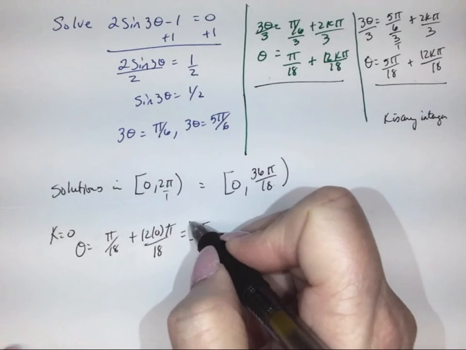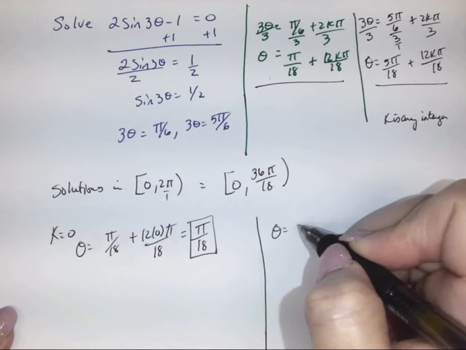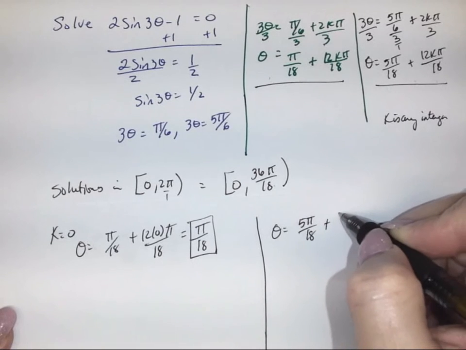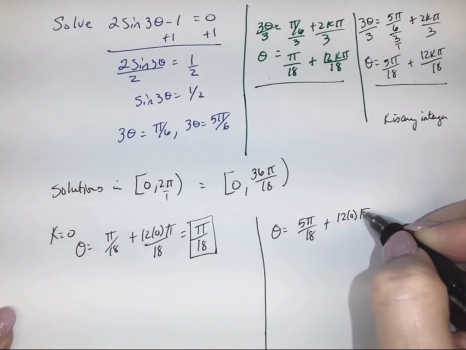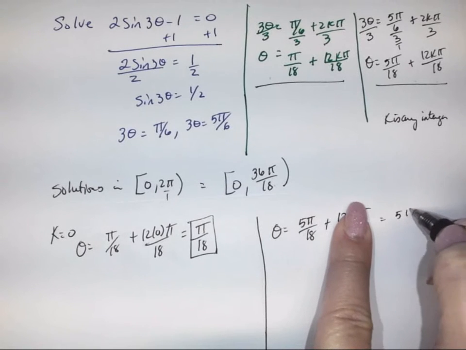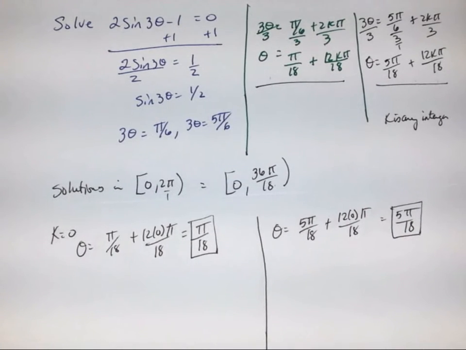So that's one of our angles. We'll draw our line again. We'll have theta is equal to 5 pi over 18 plus 12 times 0 pi over 18. Again, this becomes 0, so we end up with 5 pi over 18. So there's two of the places where we have what theta will be.